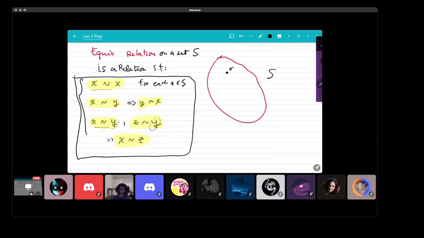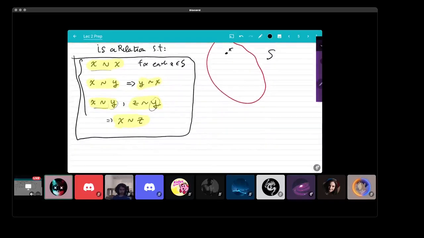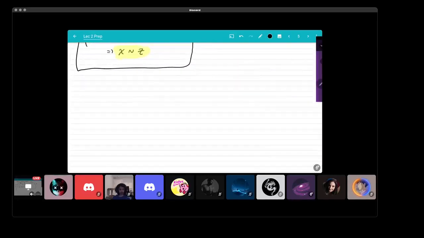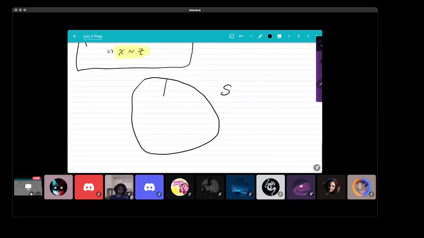So a way to construct an equivalence, well, this is an example of an equivalence relation, is we take a set and we have a partition that's already defined on the set.